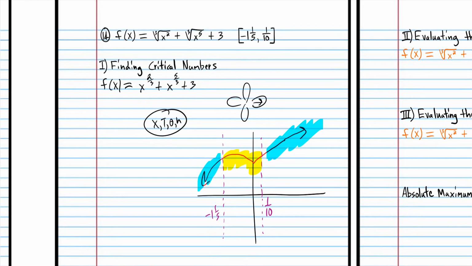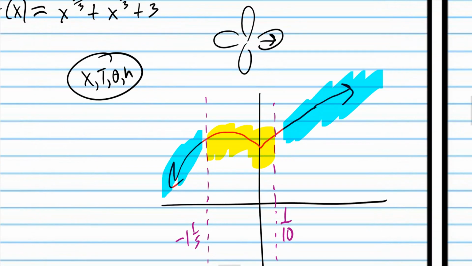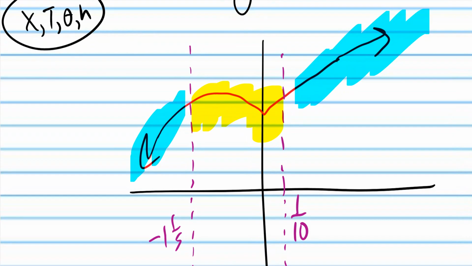So what that theorem tells us is that if we want to find the biggest y value of the function in this interval and the smallest y value of the function in that interval, those y values are going to be y values of the endpoints or y values of the points located at the critical numbers.